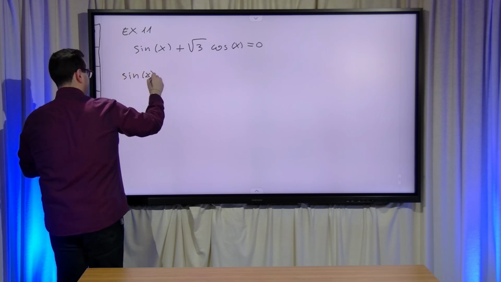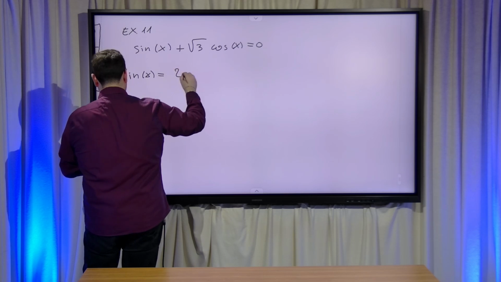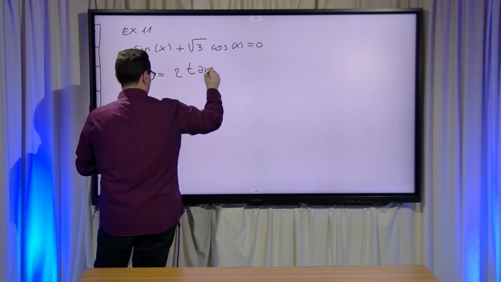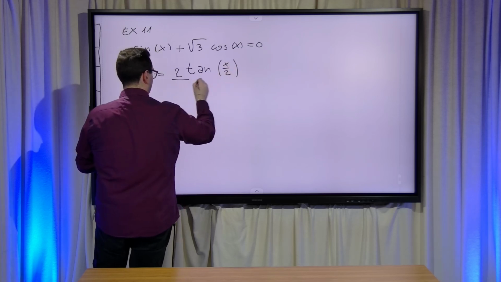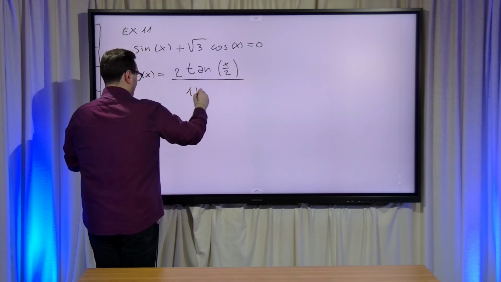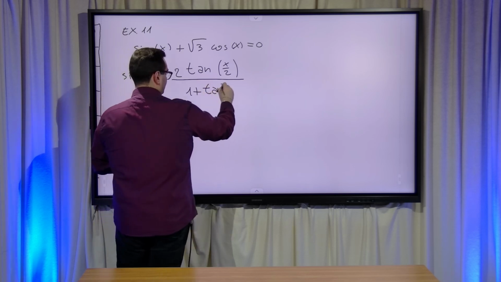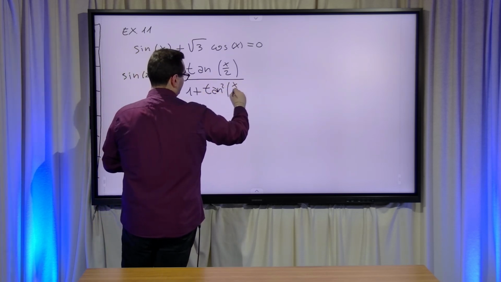Sine of x is equal to 2 tangent of x over 2 all divided by 1 plus tangent square of x over 2.